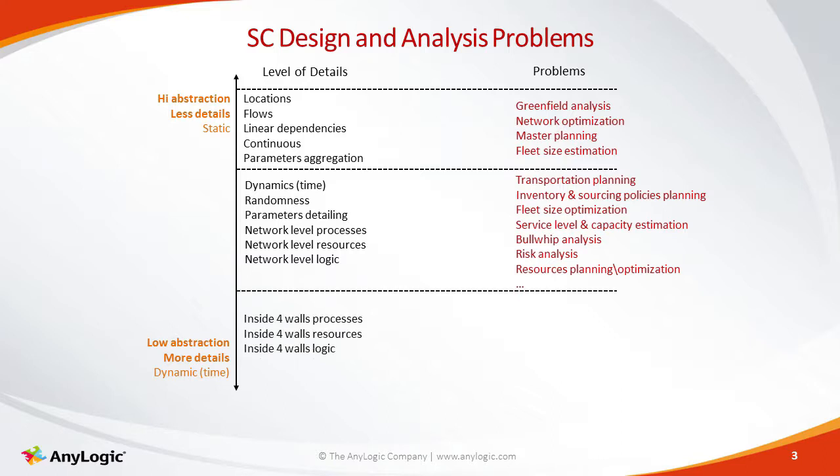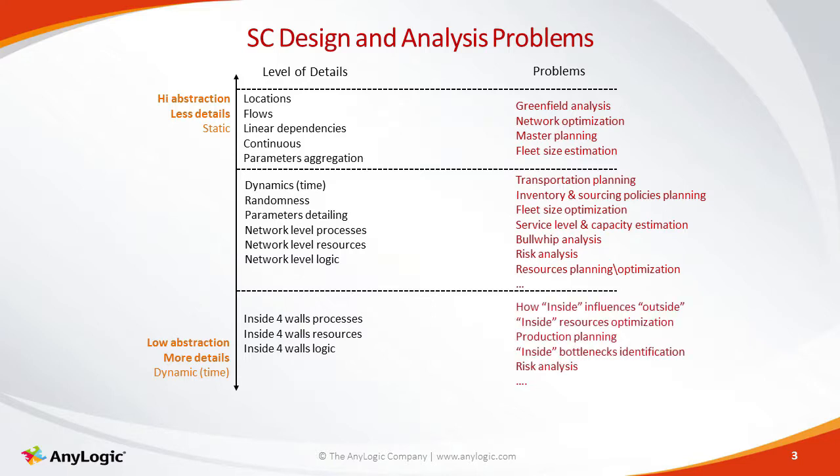And then if you want to go even deeper, adding how your supply chain objects work inside their walls, let's say how your factory works, how many production lines you have, how your warehouse operates inside, how your transportation system works, it allows you to address even more problems.